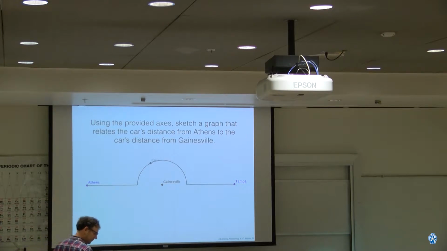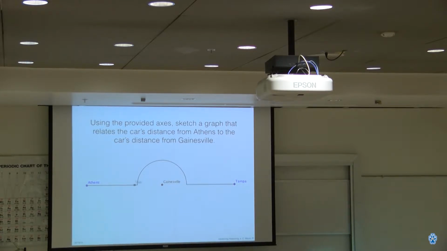Right, so think about zero units from Athens. This point is at zero. So this point will tell me I'm 0 miles from Athens. So when you start, you're definitely 0 miles from Athens. And that's what this line represents.